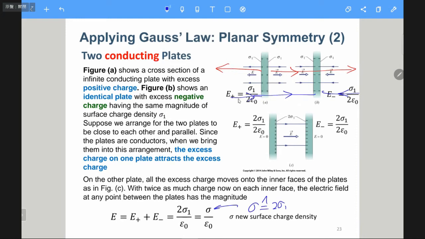So for this part, this one and this one cancel each other, so there is approximately no electric field on the left side. Similarly on this side, one points to the right and one points to the left with the same magnitude. So there is no E field outside the parallel plates. But for the inner part, they point in the same direction so that they add up.